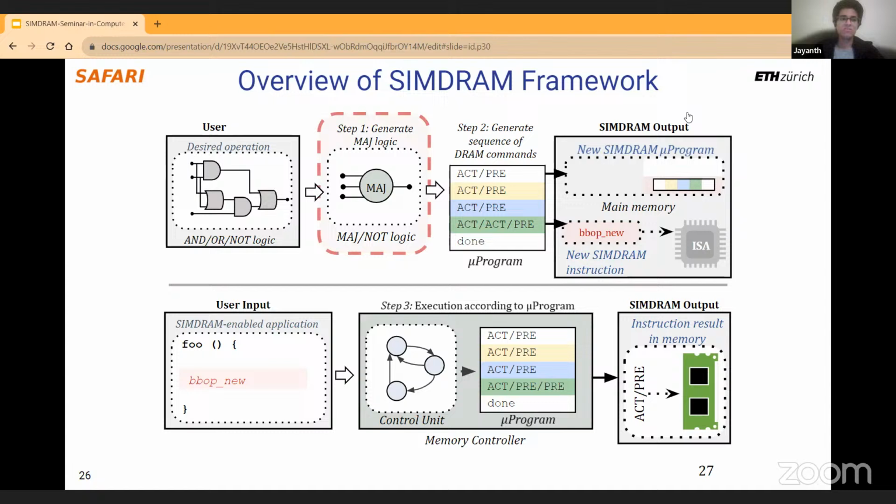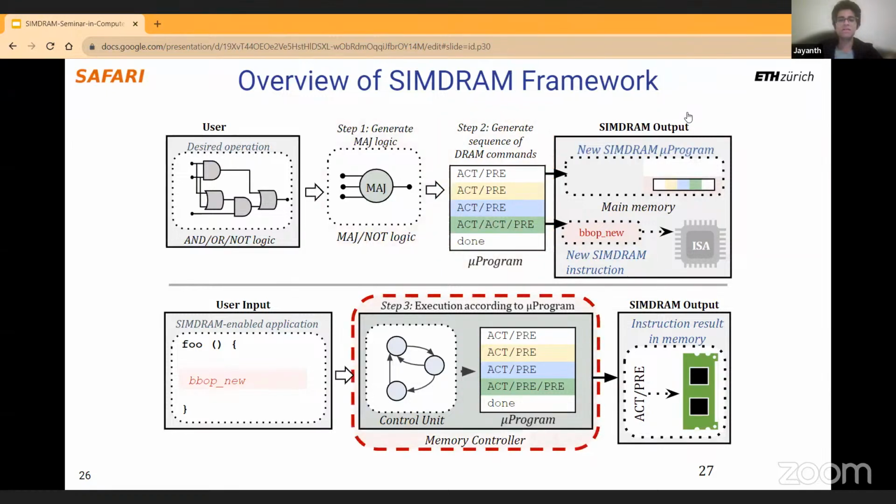First, we generate an optimal majority or NOT-based implementation of the operation that we'd like to perform. Then in step two, we generate the sequence of DRAM commands which can perform our required operation. And step three is how the sequence of DRAM commands that we just generated would be handled and executed at runtime.